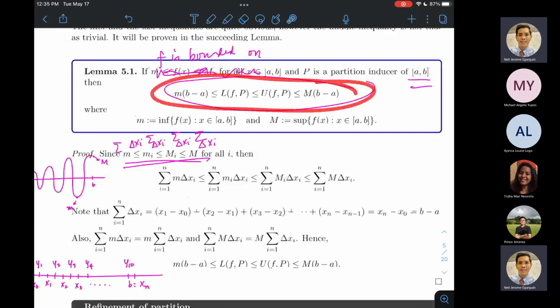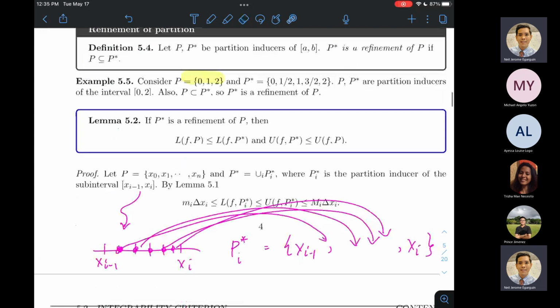Totoo pa rin tong inequality na to. Pero si little m at saka si capital M, sila dapat yung infimum at supremum ng mga function values doon sa interval x sub I minus 1 hanggang kay x sub I. And we will denote that supremum and infimum on the ith subintervals to be little m sub I and capital M sub I. Tapos itong gitna, ito yung lower Riemann sum with respect to the refined partition P sub I star.